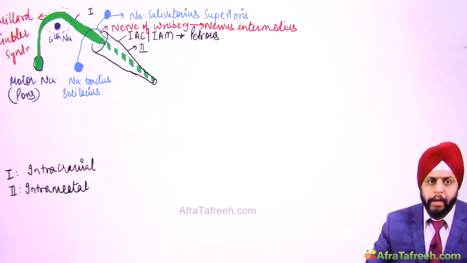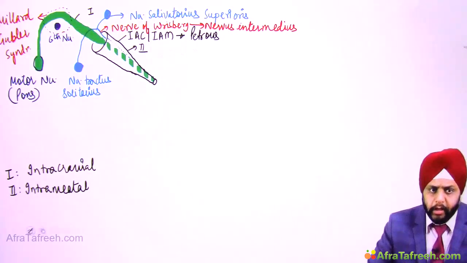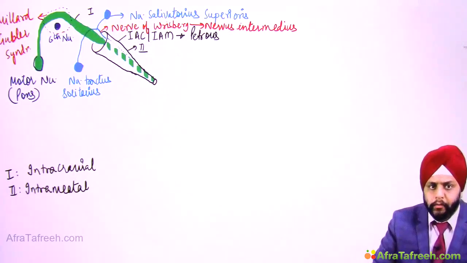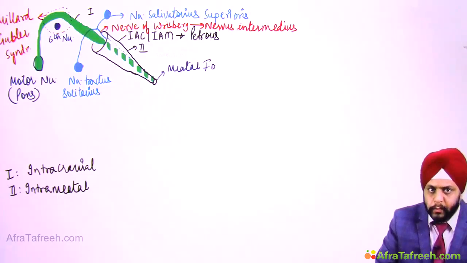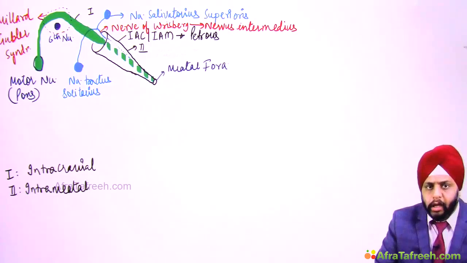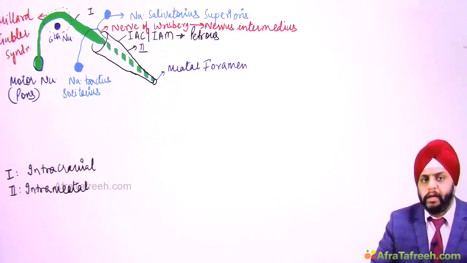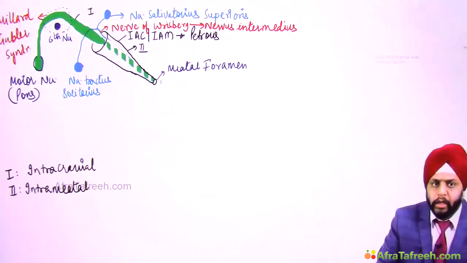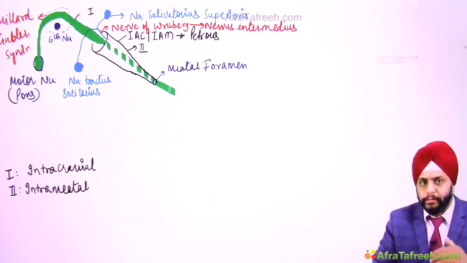Now the facial nerve crosses the meatal foramen. Over here, this is the meatal foramen. The IAC or IAM ends at the meatal foramen. And thereafter, once the facial nerve crosses this meatal foramen, it enters into the temporal bone.